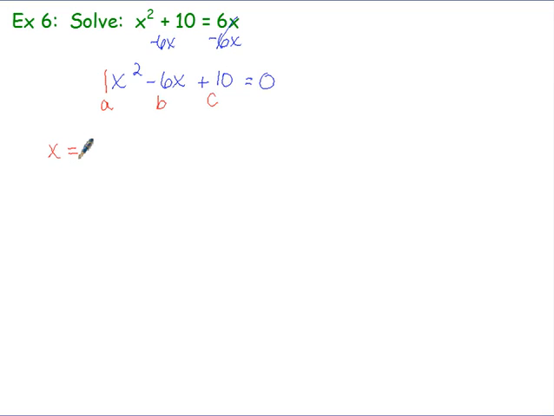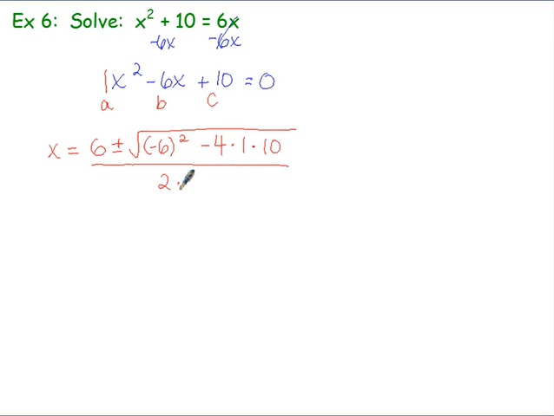You should have written on your paper positive 6 because it's the opposite, plus or minus square root. You needed parentheses, so negative 6 squared minus 4 times 1 times 10, all divided by 2 times 1.